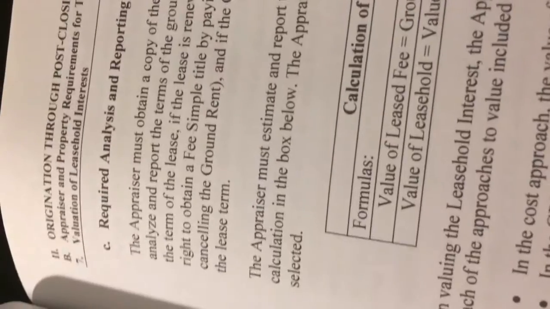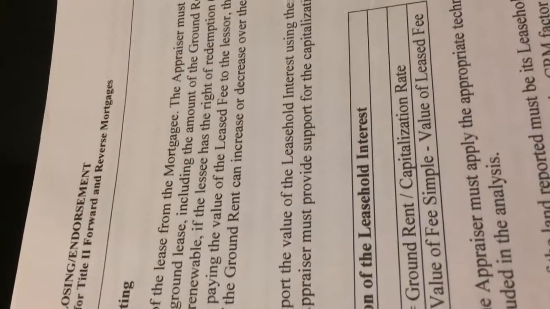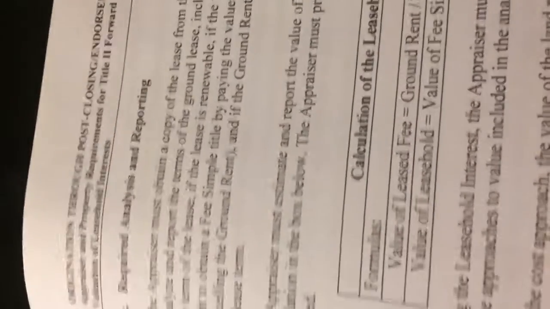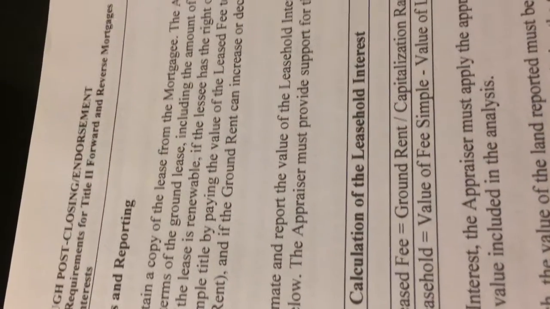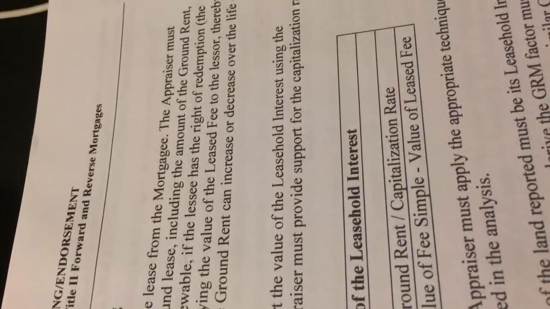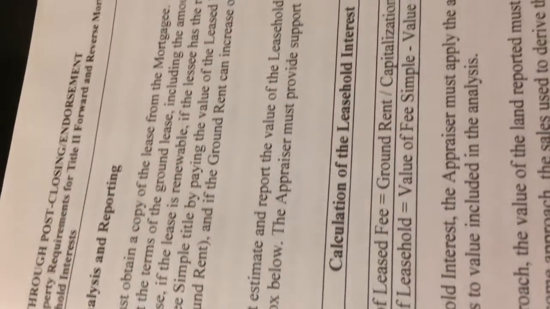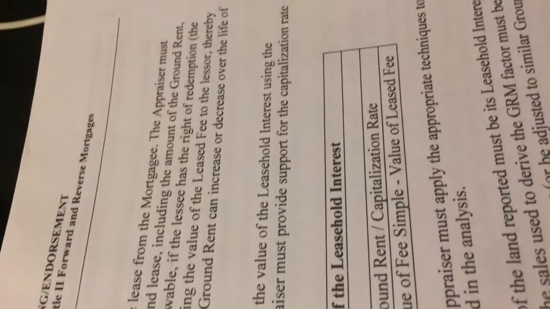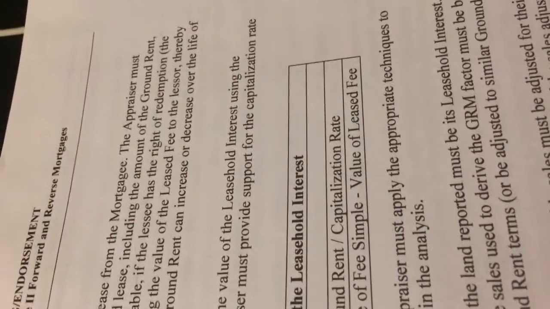The appraiser must analyze and report the terms of the ground lease, including the amount of the ground rent, the term of the lease, if the lease is renewable, if the lessee has the right of redemption, the right to obtain a fee simple title by paying the value of the leased fee to the lessor, thereby canceling the ground rent, and if the ground rent can increase or decrease over the life of the lease term.